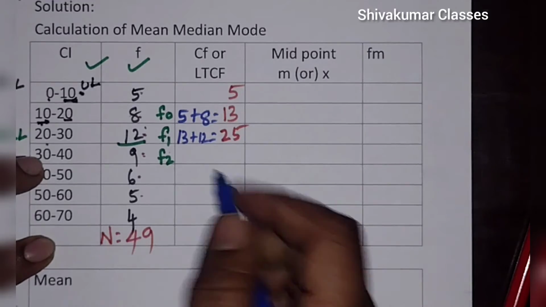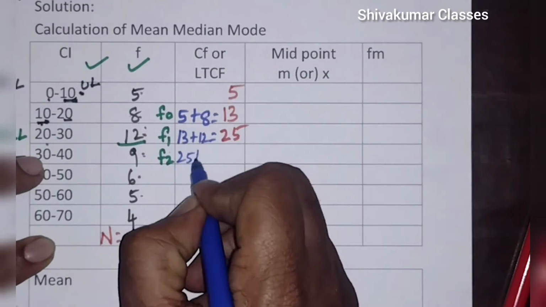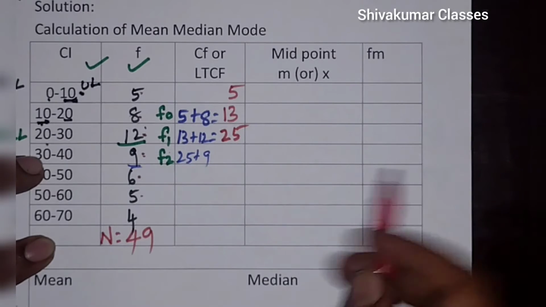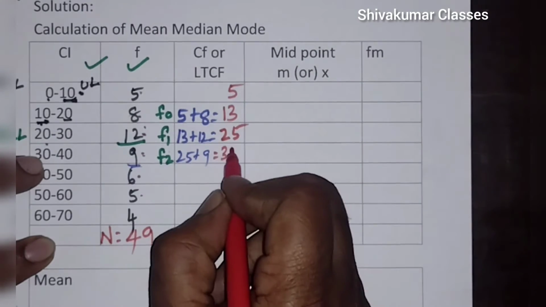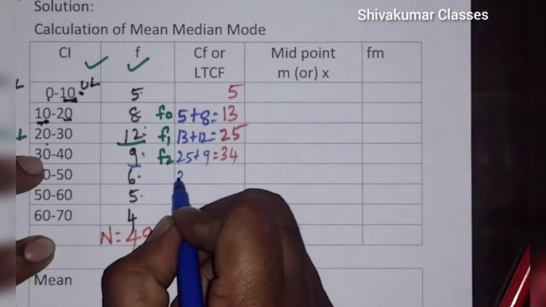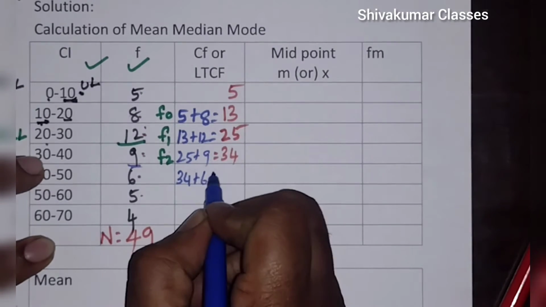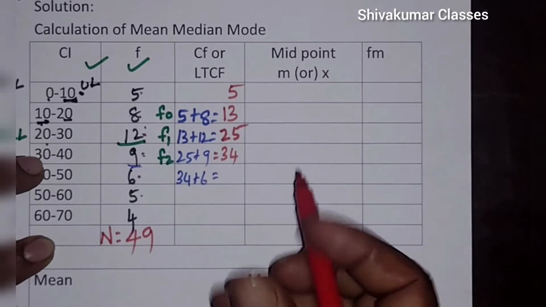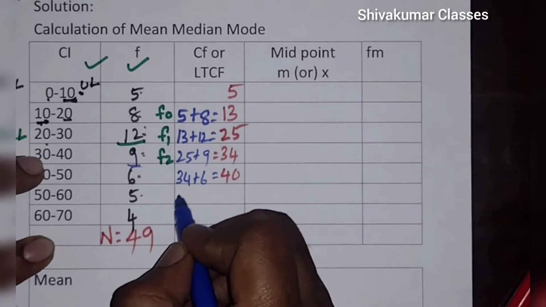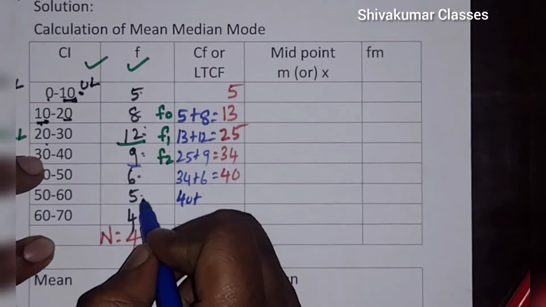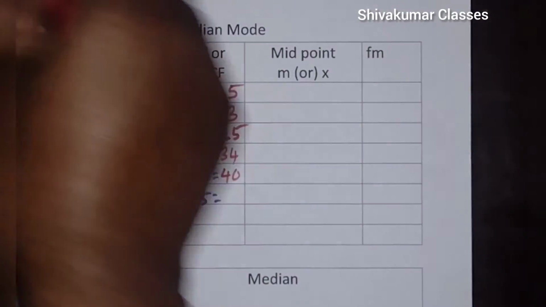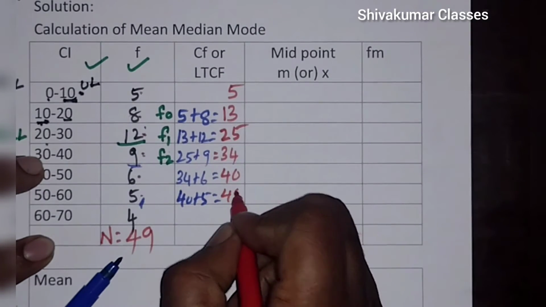Next one is 25 plus 9, which is 34. Next, 34 plus 6 is 40. Next, 40 plus 5 is 45.